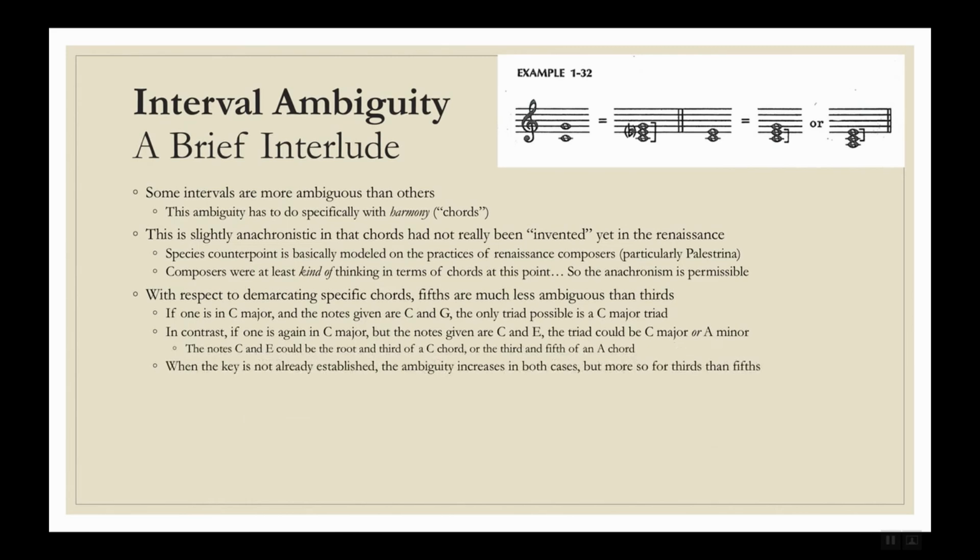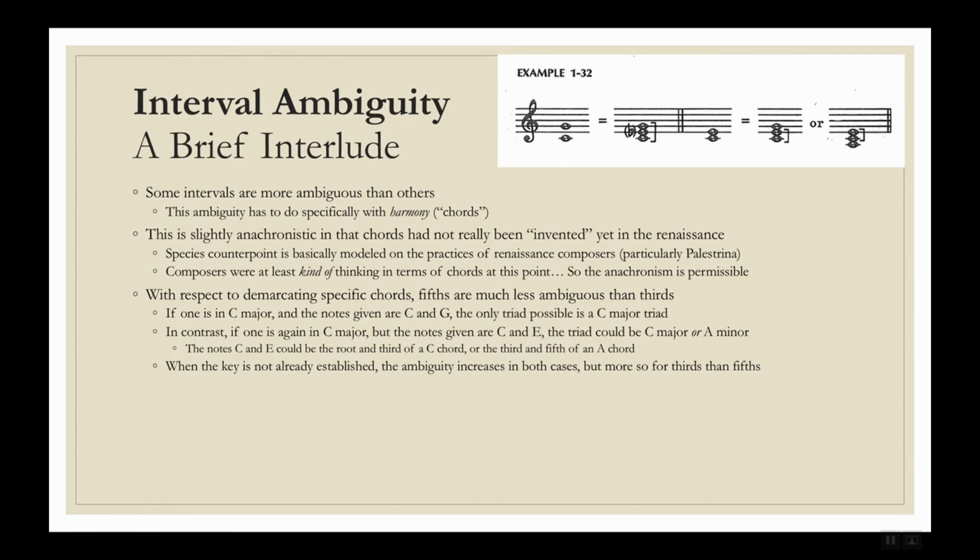When the key is not already established, the ambiguity increases in both cases, but more so for thirds than for fifths. So what do I mean by that? Let me just play out of context. I'm going to play an F sharp and an A, F sharp and an A. Okay, so I could say, what chord am I implying?